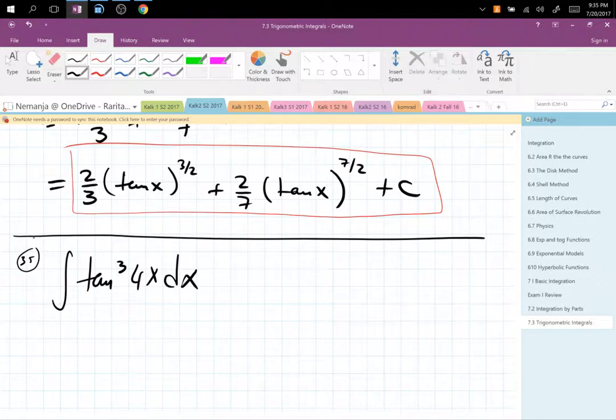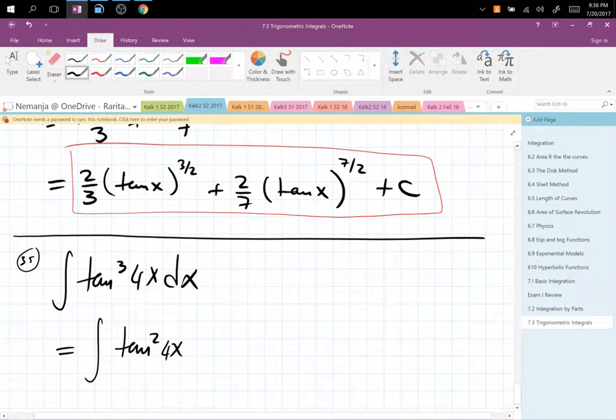So what's the only thing that you can do in this problem? Peel off one tangent x, right? And then hopefully by changing the other one to secant using the Pythagorean identity, something could happen. Don't forget this 4x.